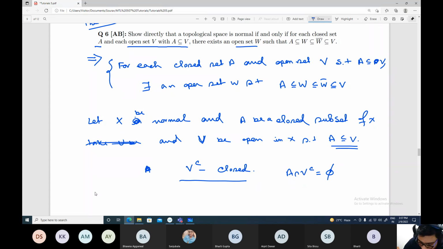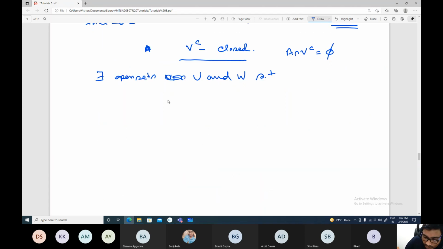Now you apply the definition of normal space. What does it say? It says that there exist open sets, say U and W, such that A is a subset of U and V complement is a subset of W, right?